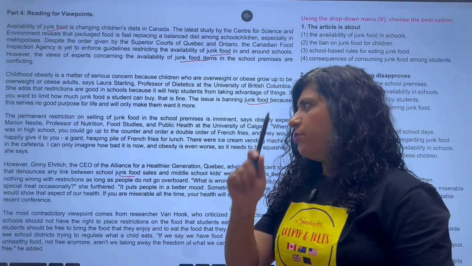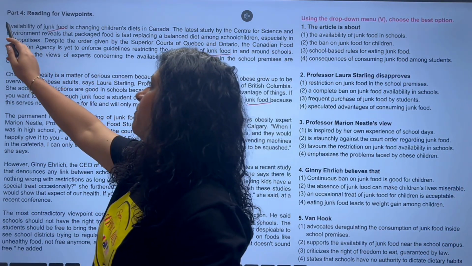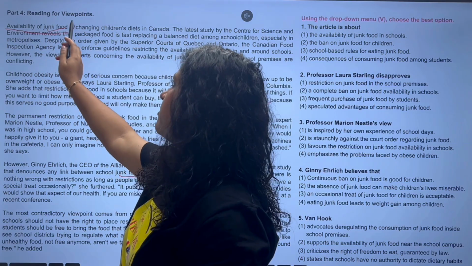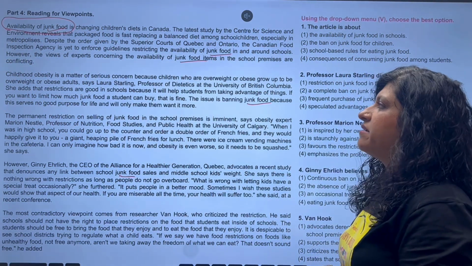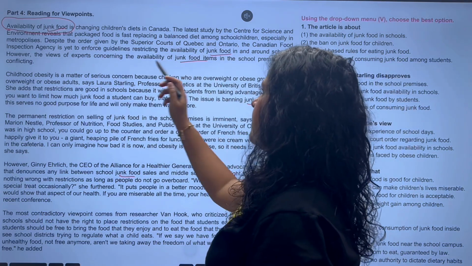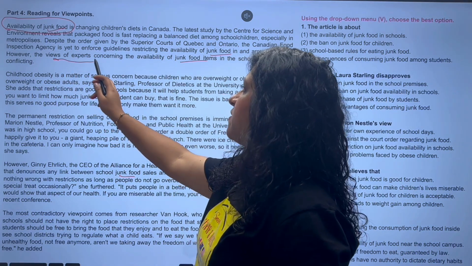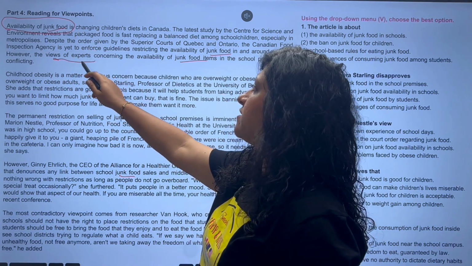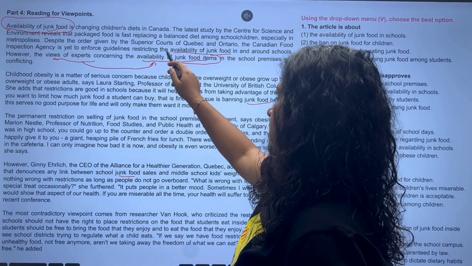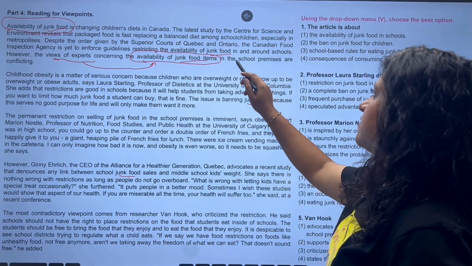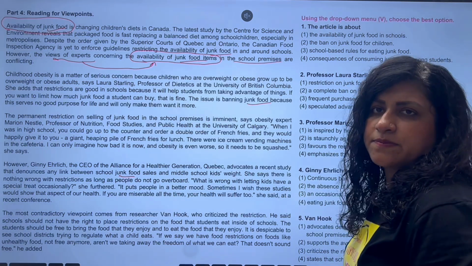Now, if you look at this, it begins by discussing availability of junk food, how it's changing children's diets in Canada. And then in the end, it says views of experts. And what are the views of experts about? It is about availability of junk food items in the school premises.